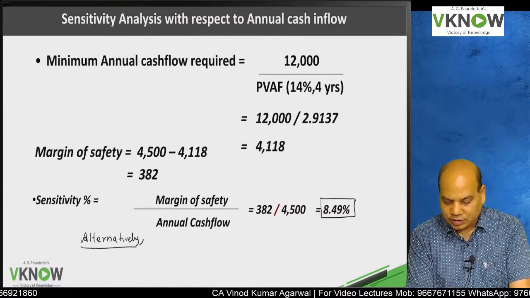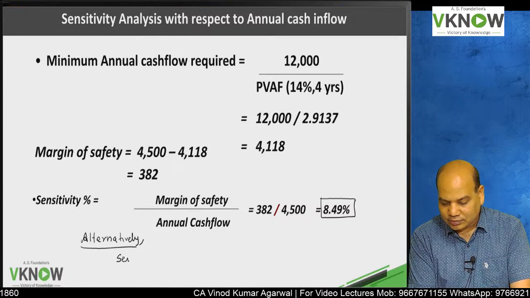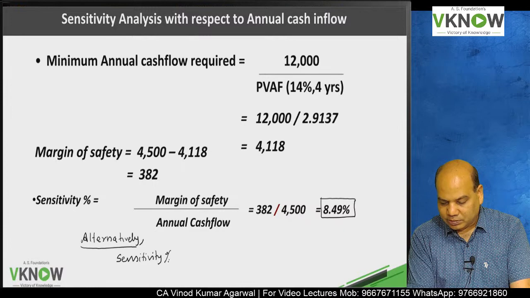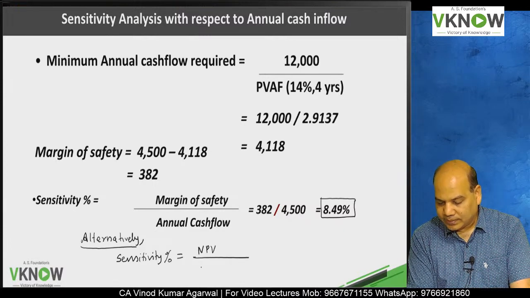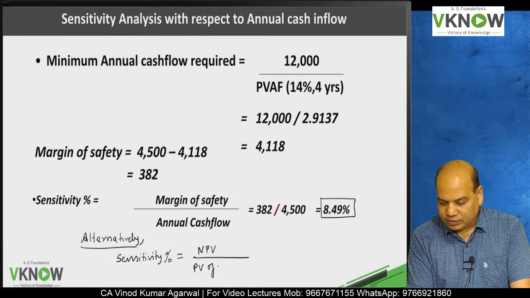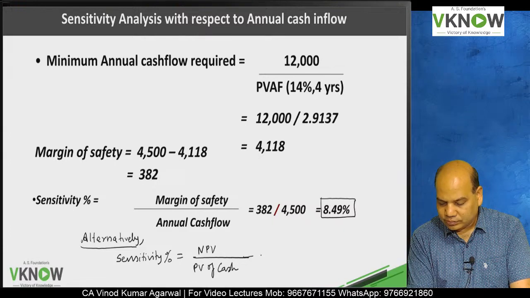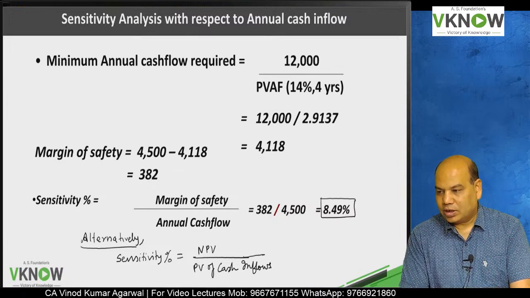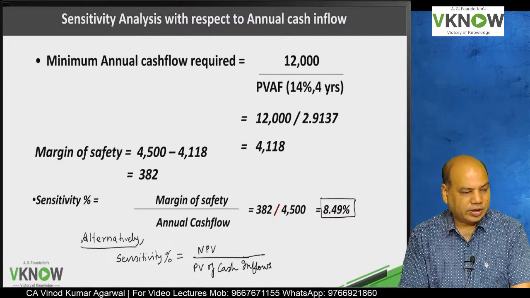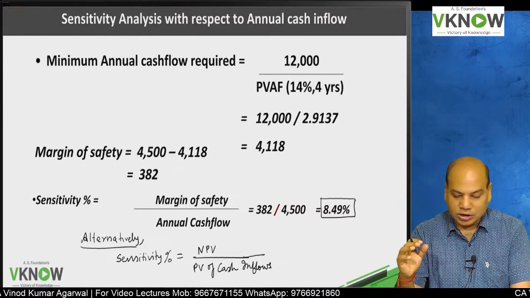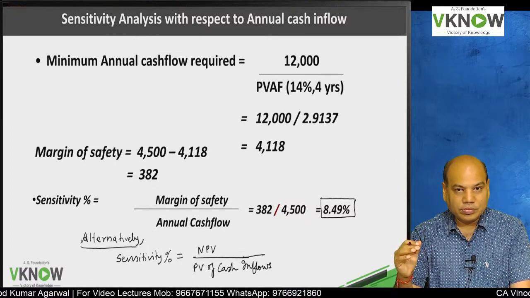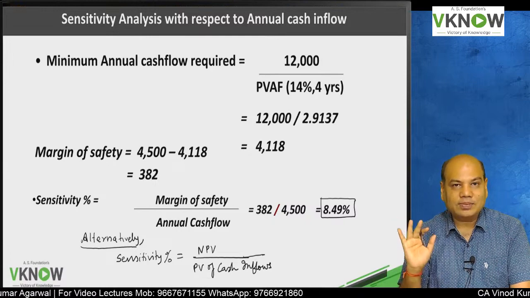Directly we will write sensitivity percentage equal to NPV upon PV of cash inflow. NPV is my margin of safety, remember, because to the extent we have positive NPV in the original question, to that extent I have margin of safety.